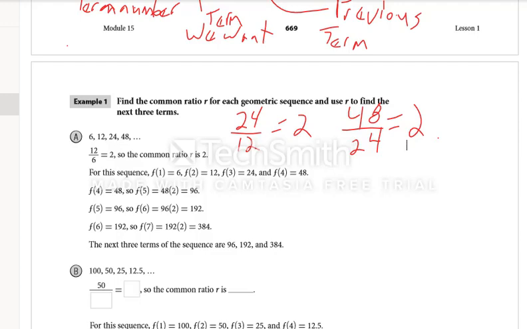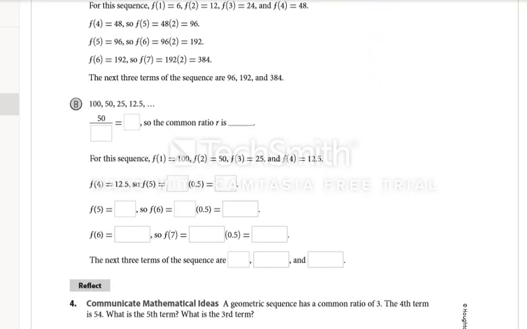Okay, for the next one, part B, 100, 50, 25, 12.5. Notice that these are decreasing. So take the 2 terms, 50 and the one before it, 100: 50 over 100. 50 divided by 100 is 0.5, or 1/2.